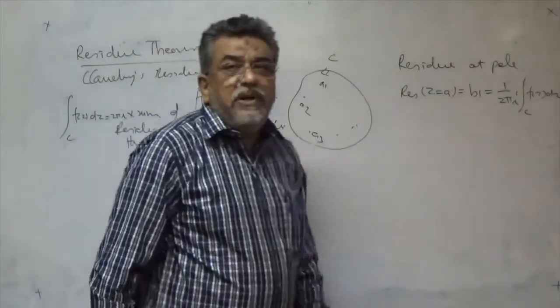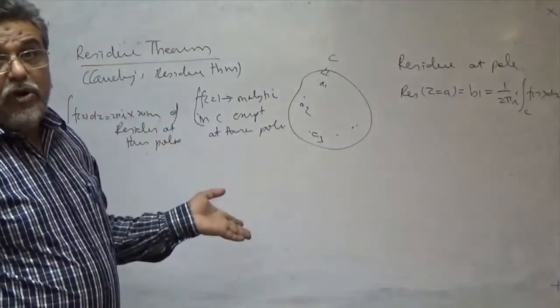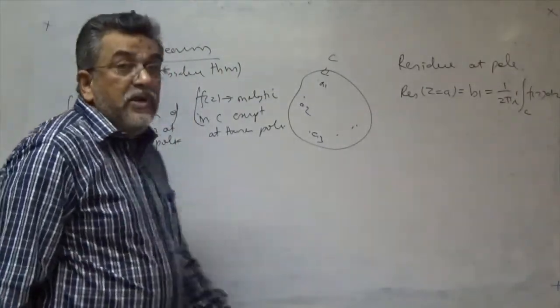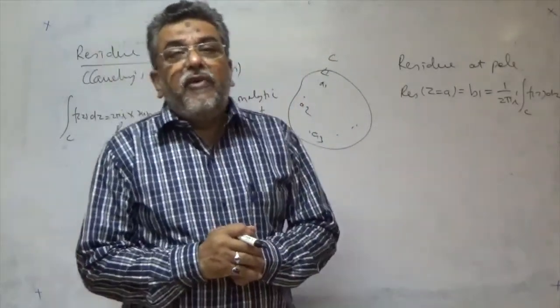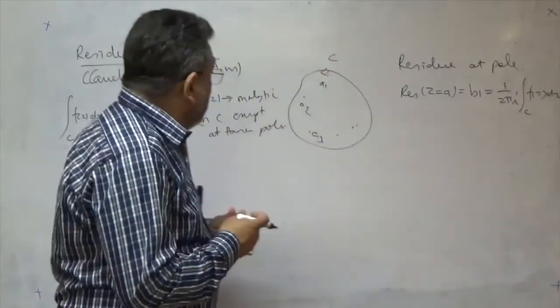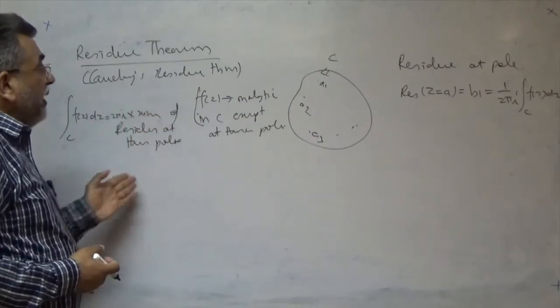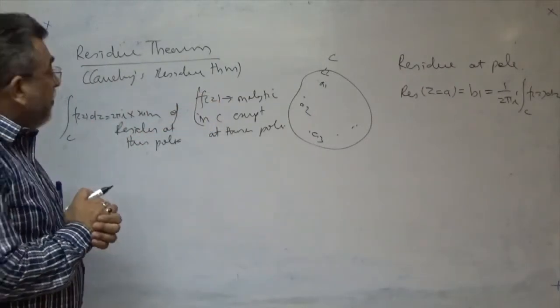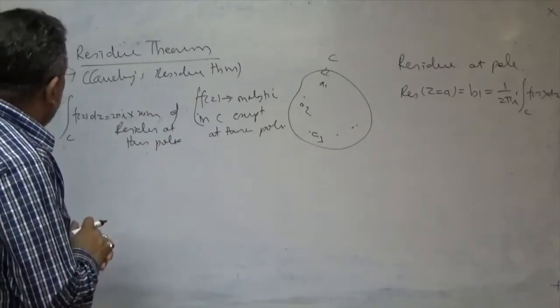This was the statement of the residue theorem, or Cauchy's residue theorem. If a function is analytic in a closed curve C where a finite number of poles are lying, then the integral can be calculated by first finding the residue at each pole; 2 pi i times the sum of residues gives the required integral.